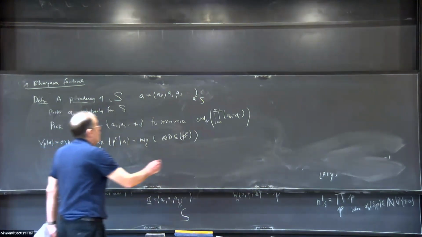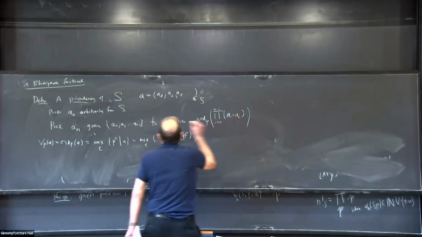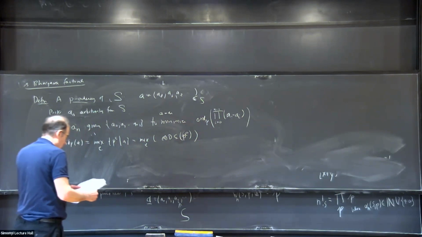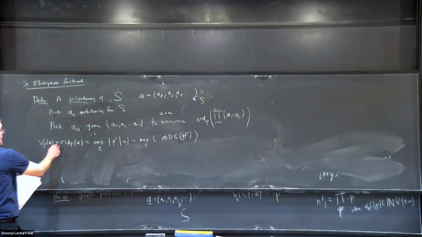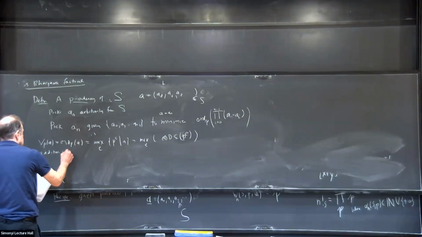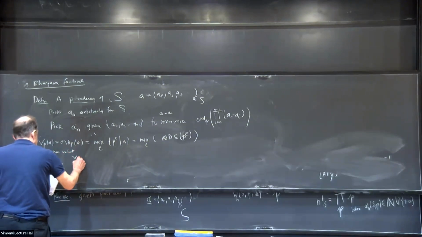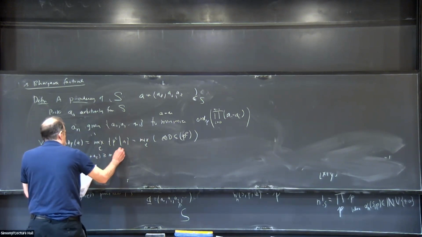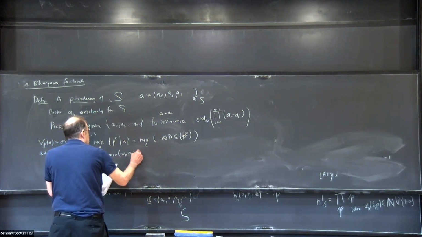Okay, so what I do is I pick A equals AN to minimize the power of P that can divide the product. And I want to say this order P of A in this case is an additive valuation. Right, and VP of A1 plus A2 is greater than or equal to the min of VP of A1, VP of A2.